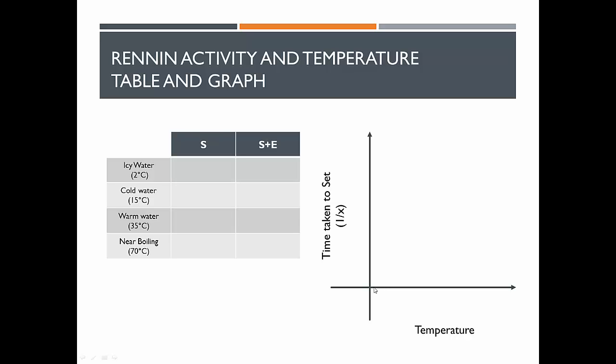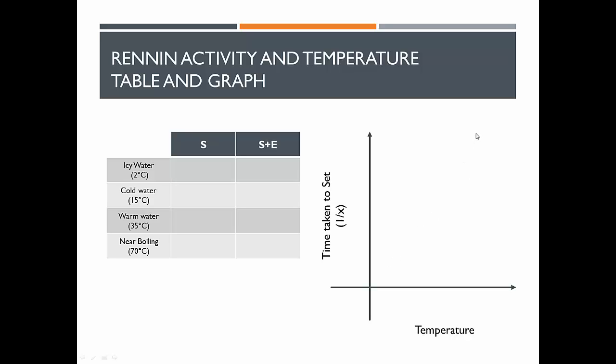If we just had it as time taken to set, it would suggest that, if we use that previous example where it took only 5 seconds for the milk to set at freezing, so freezing's down this end of our scale for temperature, and then we go up to boiling water and it goes all the way up to here, we go, whoa, look at that, it's increasing.